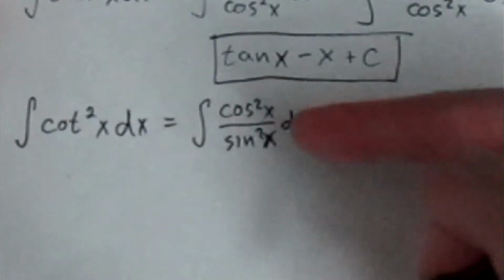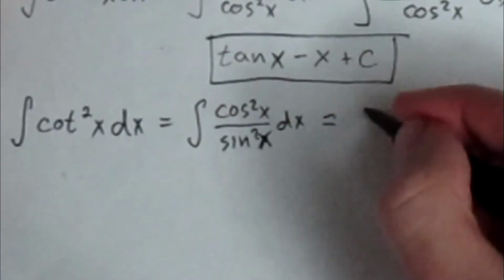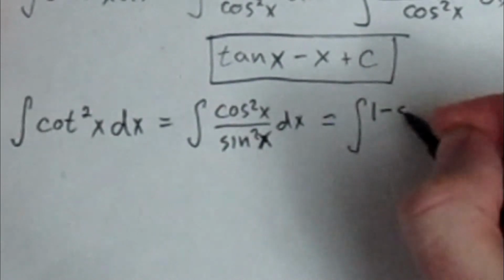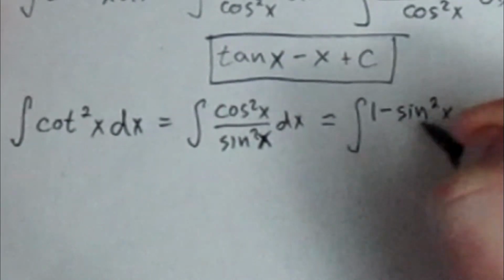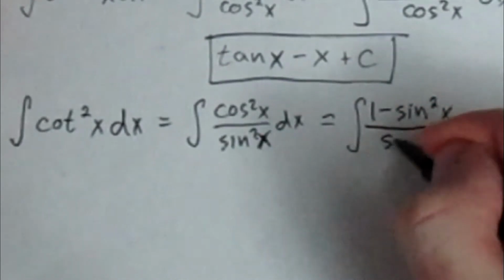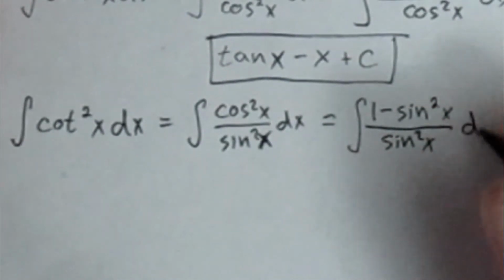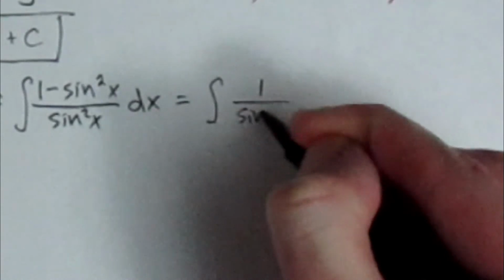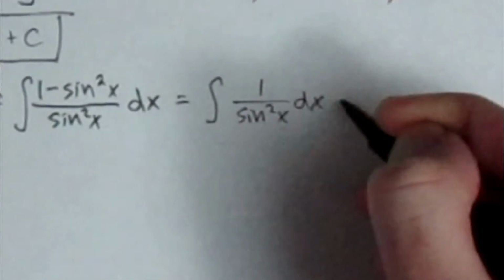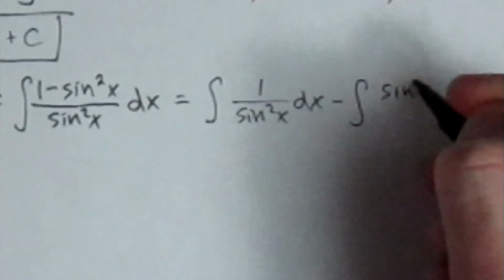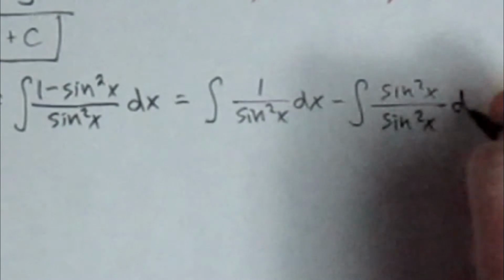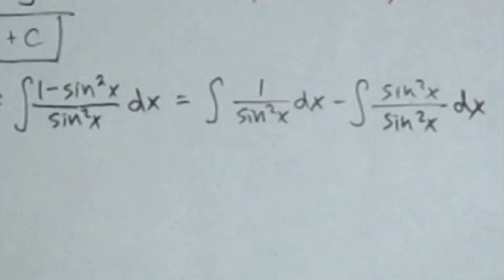We're going to change the numerator with a Pythagorean identity: cosine squared x is 1 minus sine squared x, divided by sine squared x dx. I'm going to break up the fraction and the integral. So we have the integral of 1 over sine squared x dx minus sine squared x over sine squared x dx.